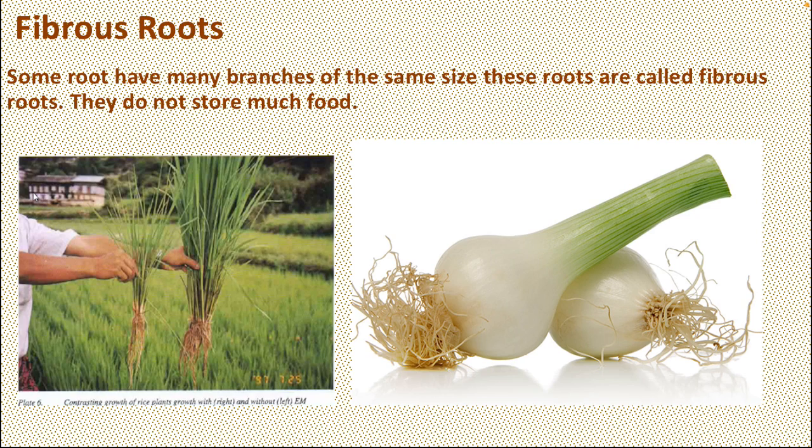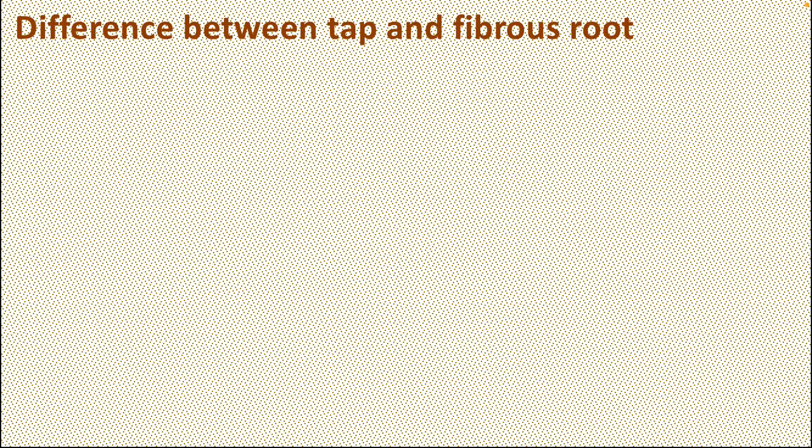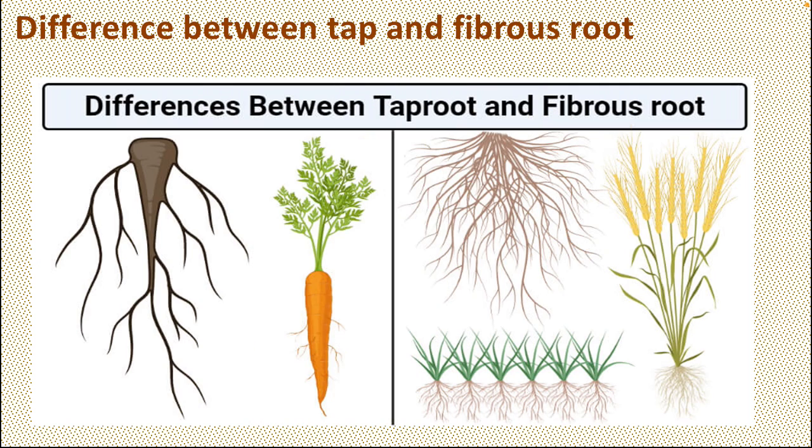These all are examples of fibrous root. Fibrous roots which grow from the base of the stem have a bushy appearance. These roots are thin and almost equal in size. Grass, wheat, onion, rice are examples of plants with fibrous root.